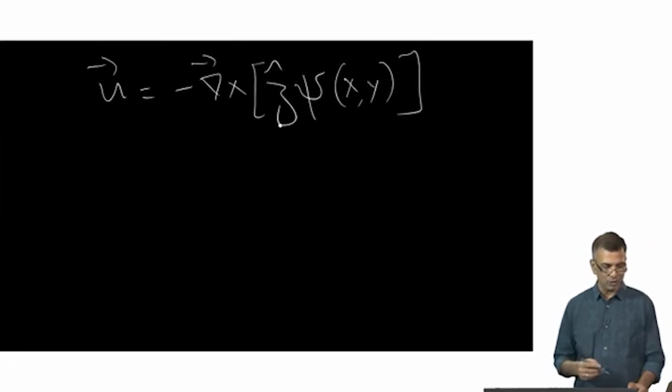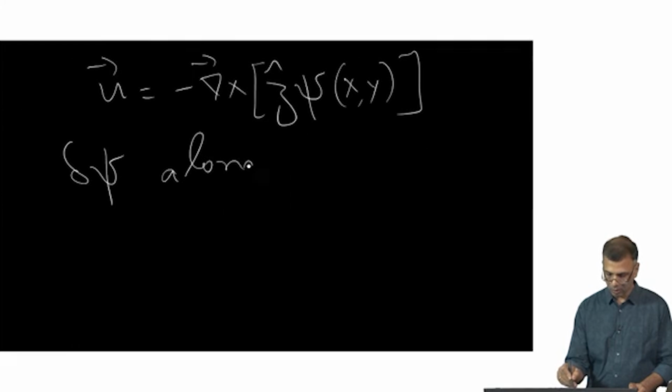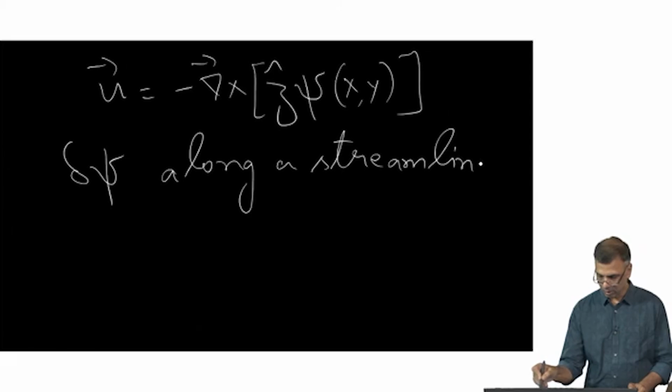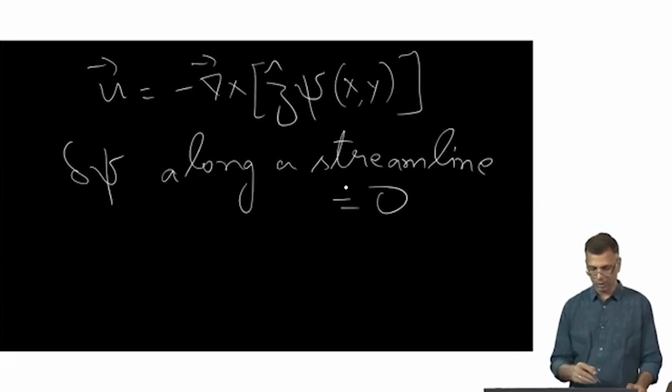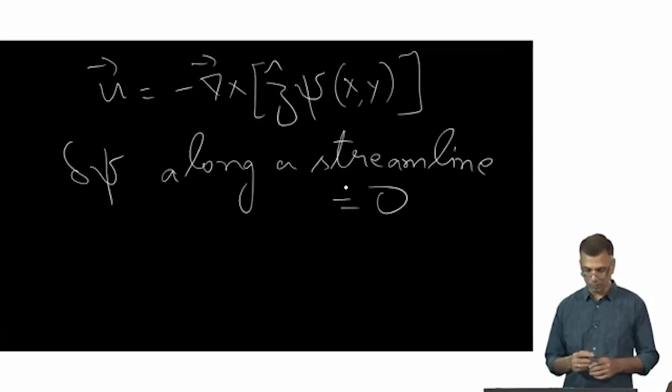And the advantage of this definition is that the delta psi along a streamline equals 0. Psi is conserved. Okay, so that's the merit of this function psi.